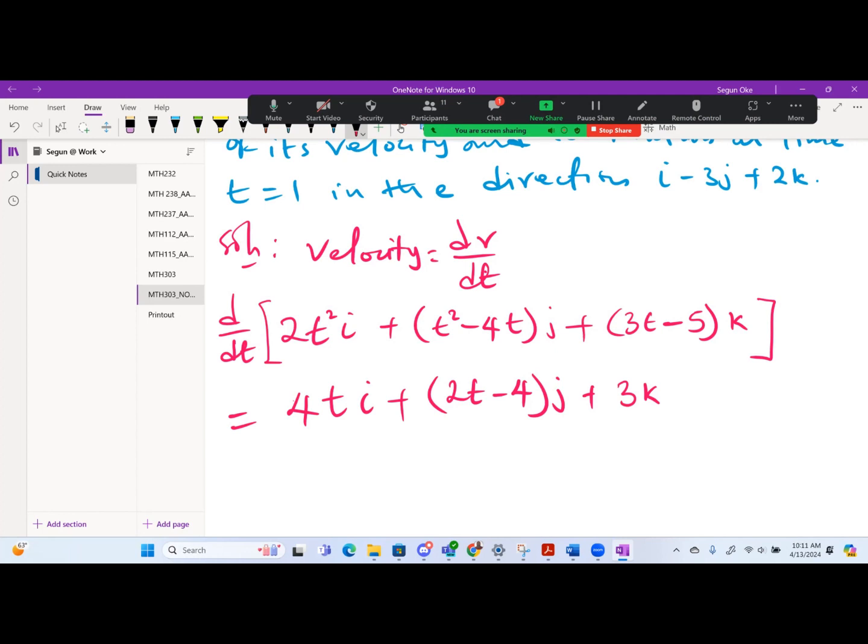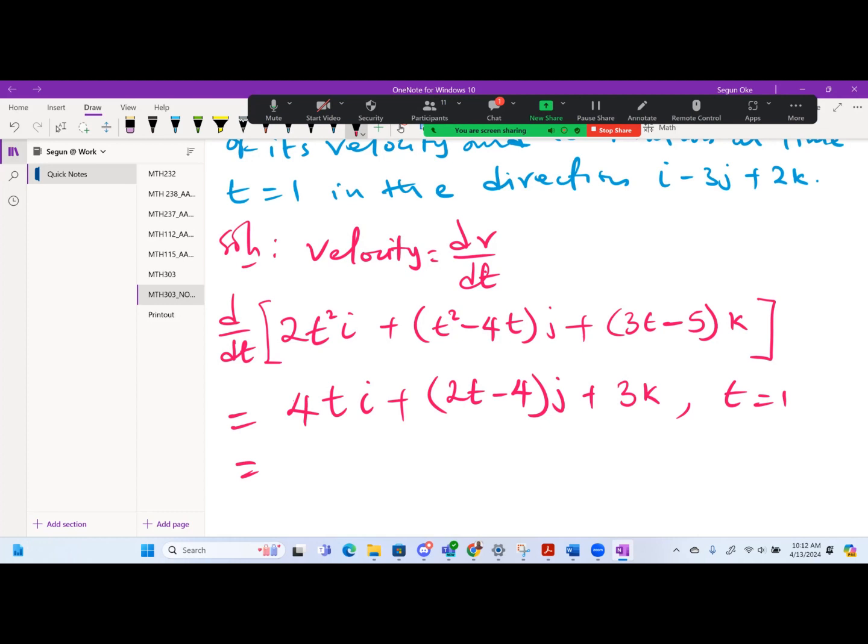But at the end of the day, what do we have at t equals 1? Let's substitute 1 where we have t.